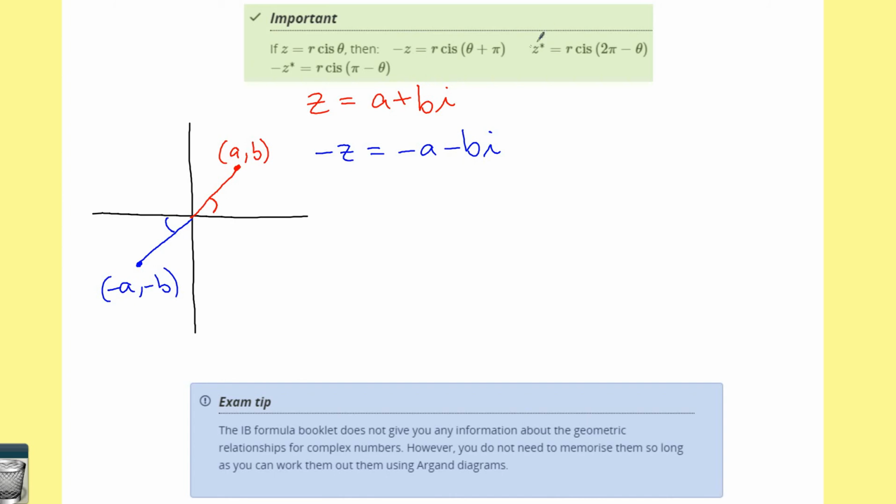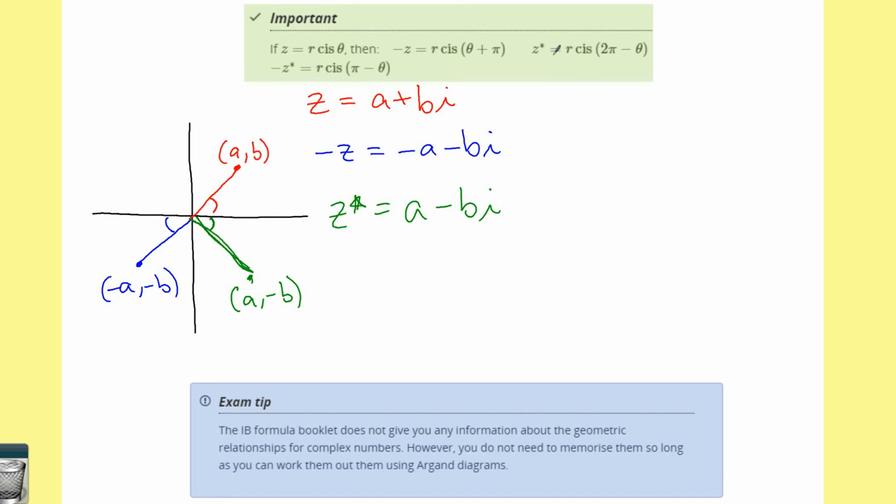When you do z star, that's called the conjugate, so that's going to be a minus bi. So a minus bi is going to be over here. So that's a and negative b. So when we do this, this angle, I know, I did not draw this to scale.